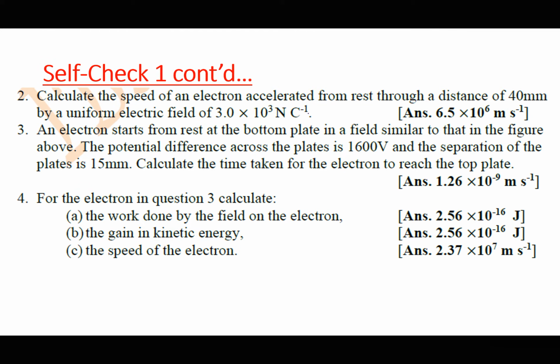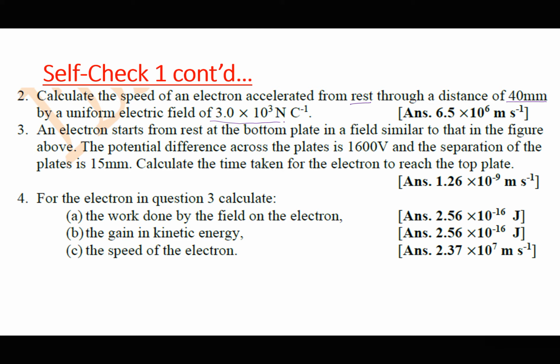Calculate the speed of an electron accelerated from rest, initial velocity is 0, through a distance of 40 millimeters by a uniform electric field of 3.0 times 10 power 3 newtons per coulomb.